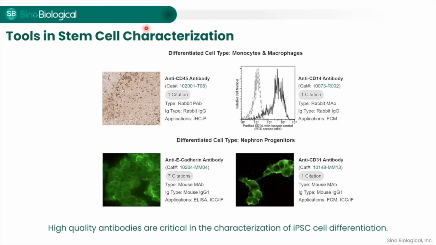Moving on from protein products to antibody products, where cytokines are essential in culturing of stem cells and organoids, antibodies are important in characterization, like the anti-CD45, anti-CD14, E-cadherin, and CD31 antibodies.